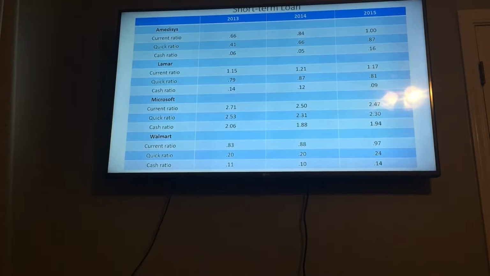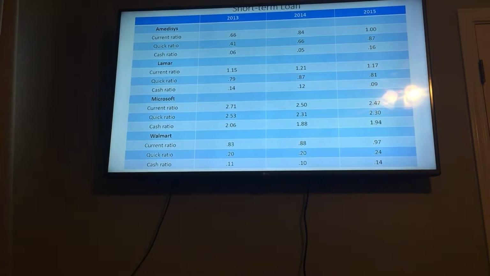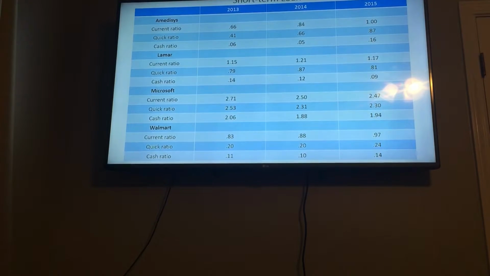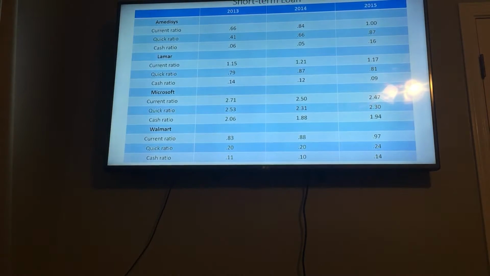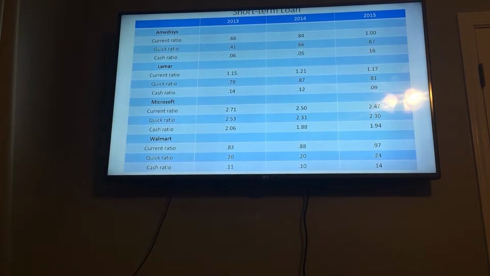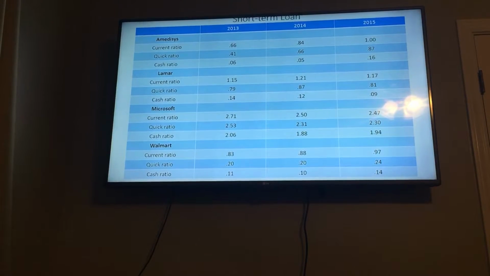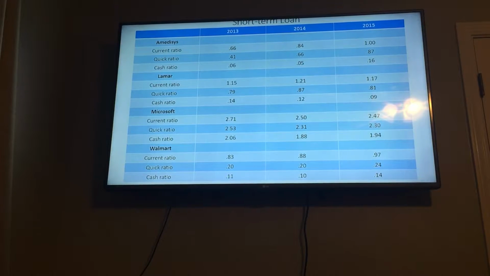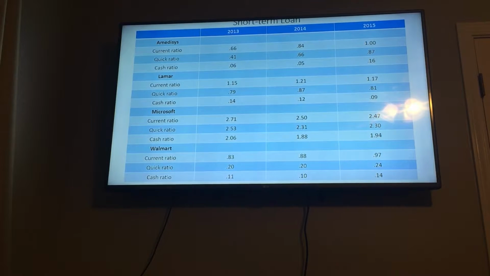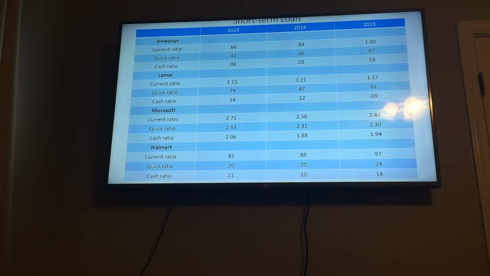And Microsoft, as you can see, pretty much all of Microsoft's ratios are fairly high. Even though you see a small change from 2.06 in 2013 to 1.88 in 2014, you see that it rises back up in 2015 to 1.94.